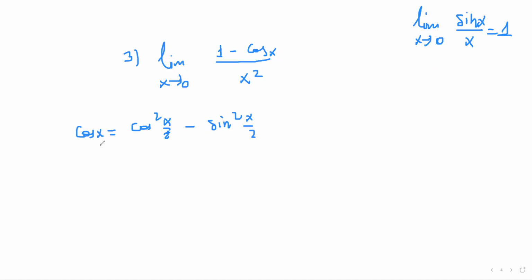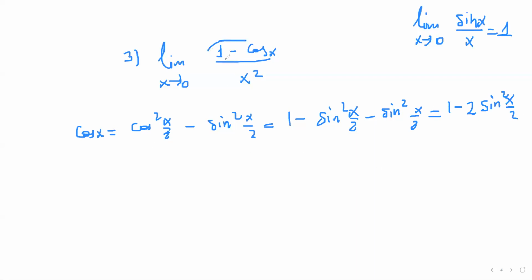So instead of cosine squared x divided by 2, we can substitute 1 minus sine squared x divided by 2, minus sine squared x divided by 2. So obviously we get 1 minus 2 sine squared x divided by 2.